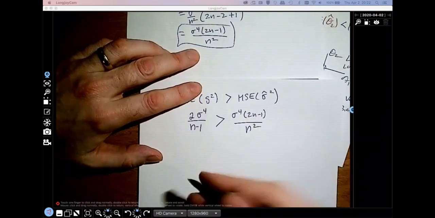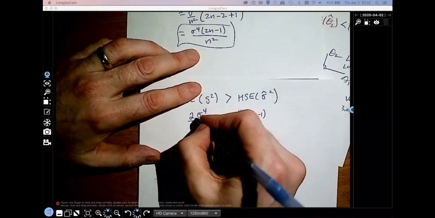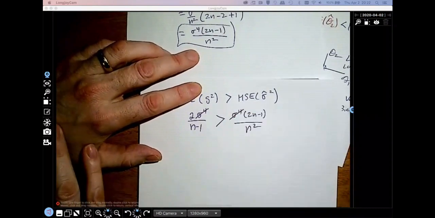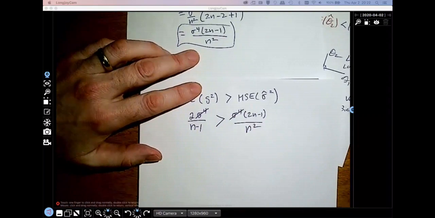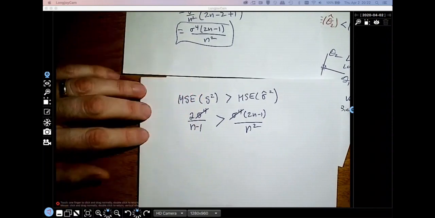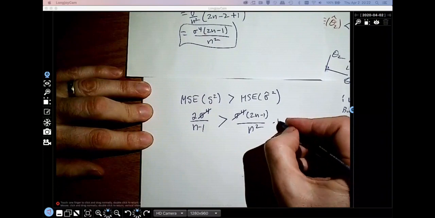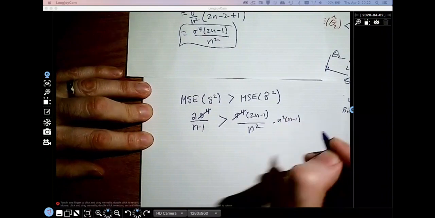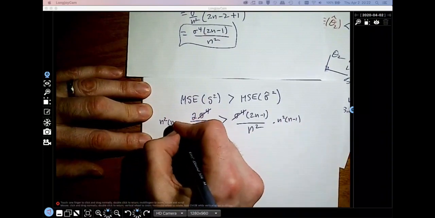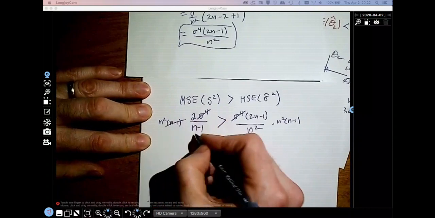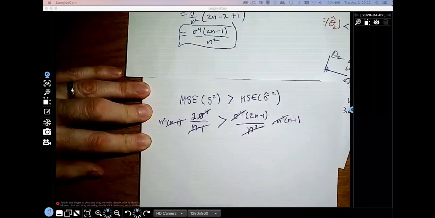So I can multiply both sides by 1 over sigma to the fourth. Those are both positive numbers, so I won't change the sense of the inequality. And that's what we're left with. Now, another thing I can do is multiply both sides by n squared times n minus 1, and some stuff crosses out.